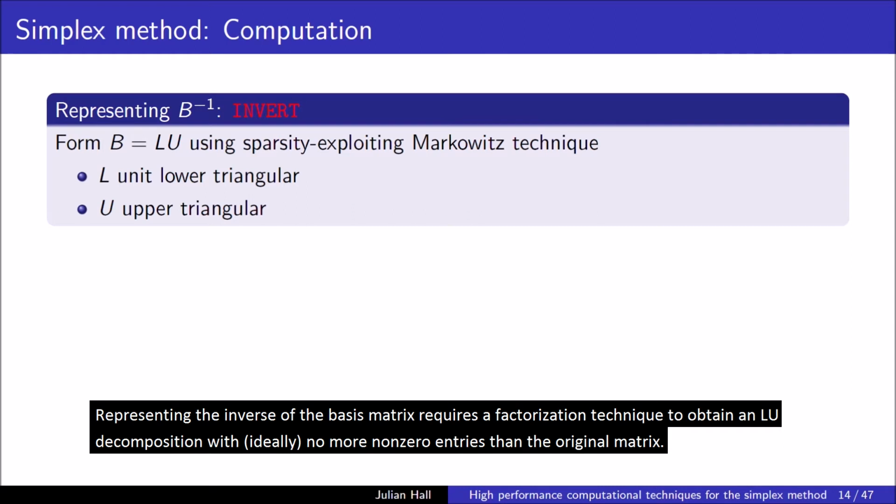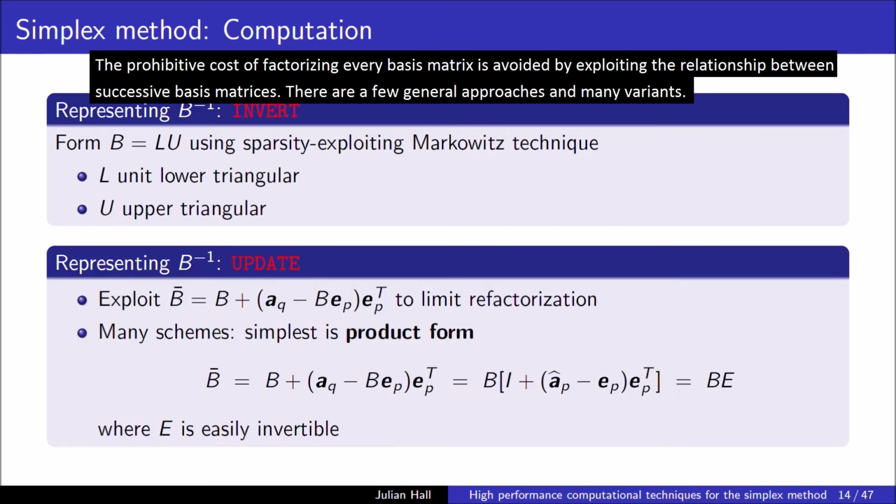Representing the inverse of the basis matrix requires a factorization technique to obtain an LU decomposition with, ideally, no more non-zero entries than the original matrix. The prohibitive cost of factorizing every basis matrix is avoided by exploiting the relationship between successive basis matrices.